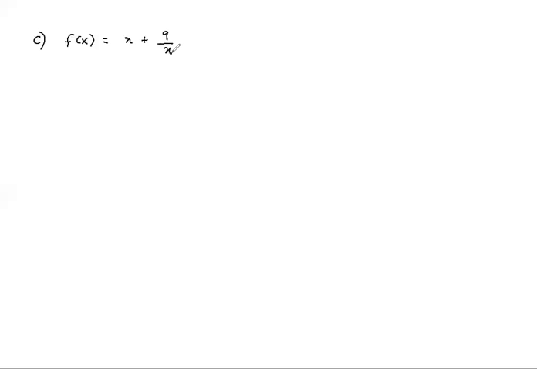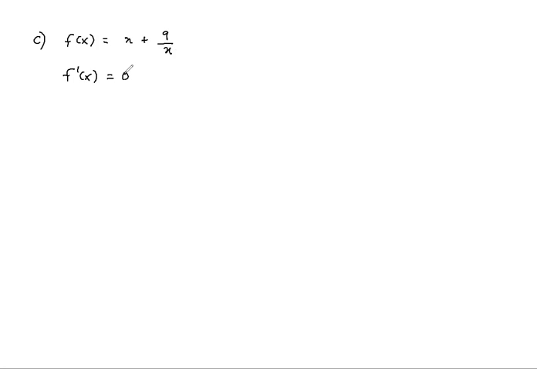Find the stationary points for this function and determine their nature. Stationary points are critical points. Critical points are obtained by getting the derivative and then equating it to 0. Get the values of x, substitute in f, then you form points.